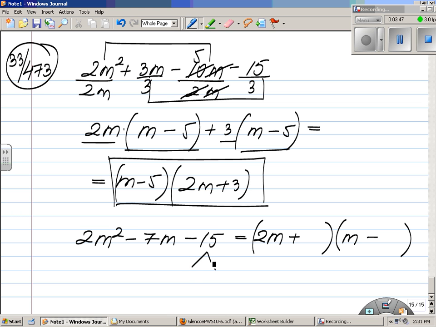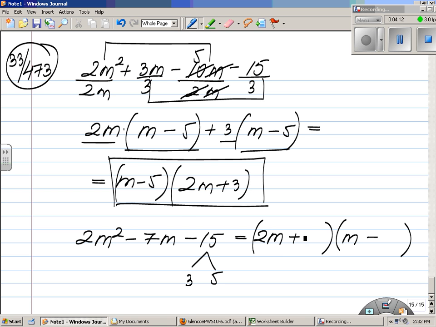So now, factors of negative 15 will be what? 3 and 5. And you have to decide which one will be positive, which one will be negative. But be careful, because here you have 2m and m. So when you multiply them, your like terms will greatly depend on the sign of your last numbers here.